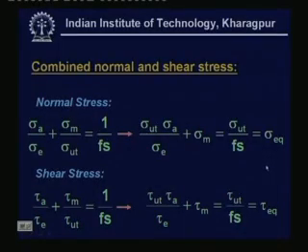Now, here is a case where we consider the situation of combined normal and shear stress. Suppose we write an equation of the form stress amplitude by endurance limit plus mean stress by ultimate stress equal to 1 upon Fs.